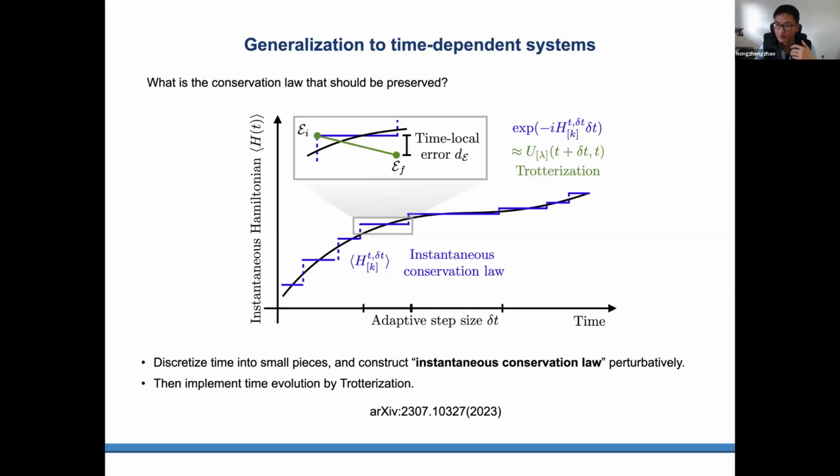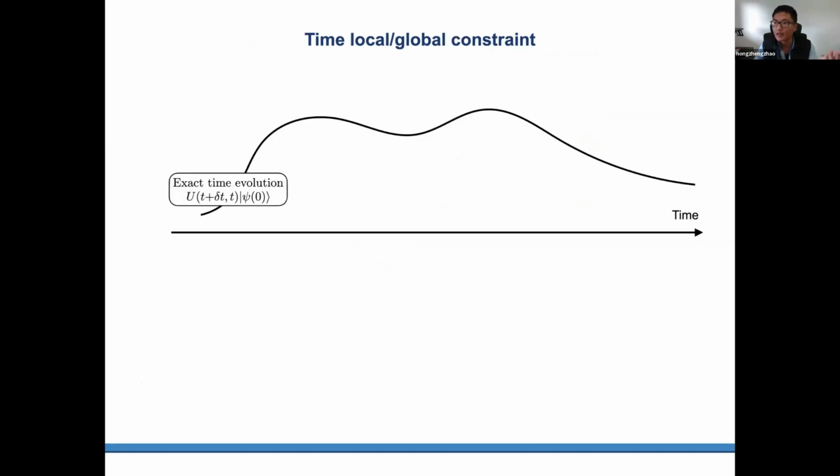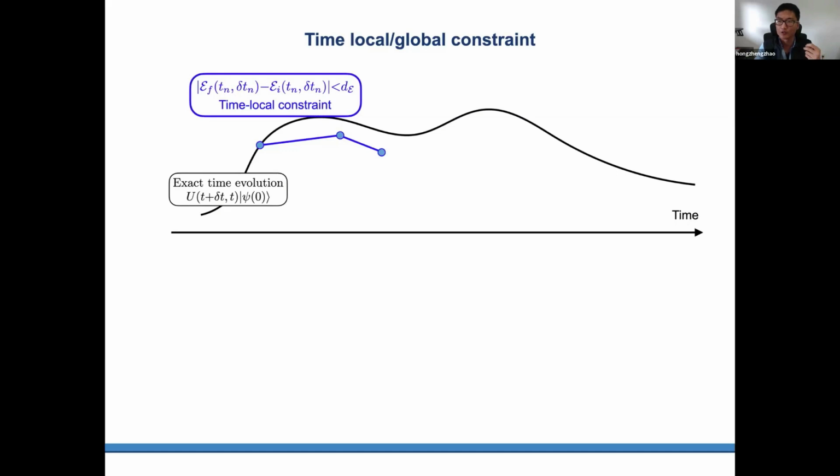So this is a kind of straightforward generalization of our algorithm. But suddenly we realized there is a huge problem, because if you do this, you only bound the so-called time-local constraint at a given time, because you don't really know the exact solution of the conservation laws throughout the whole dynamics.